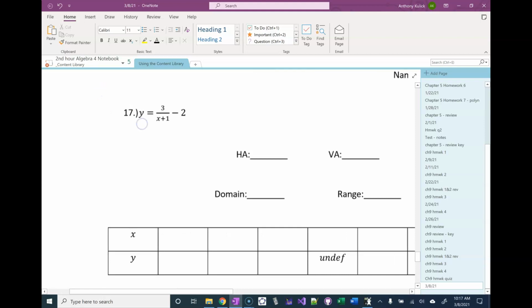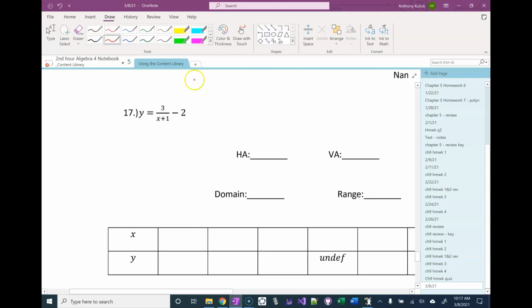So our horizontal asymptote is y equals 2, and our vertical asymptote is x equals negative 1. Everybody's okay there? So negative 1 is going to go in the middle. And then 3 values less than negative 1, and 3 values bigger than negative 1.